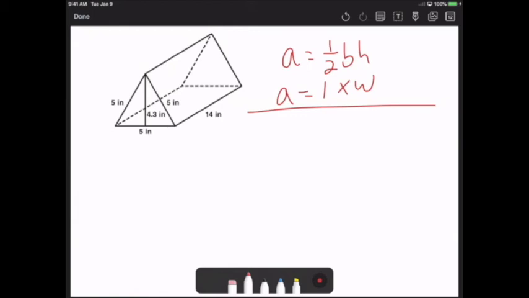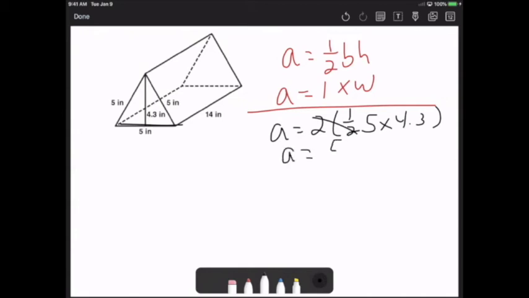Okay, so for the triangles, if I look, I have area equals, there's 2 of them, times 1/2, the base is 5, times 4.3. So you're going to see that those simplify right there. So it's 5 times 4.3. If you notice this, to get a step ahead, you really are just multiplying base times height.